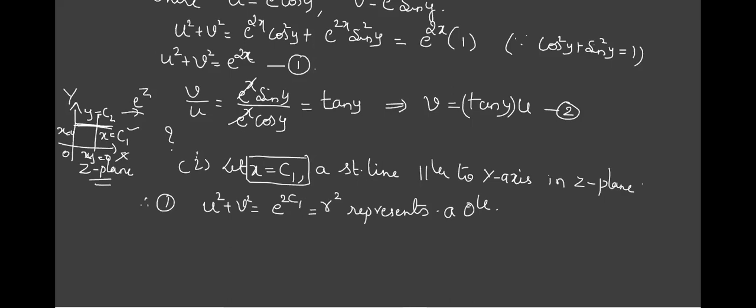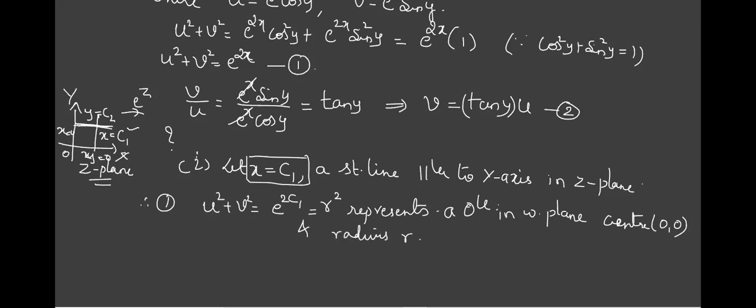It is the w plane, because I cannot say this is in the z plane; this is the equation in terms of u and v, and u and v means it is happening in the w plane. So this represents a circle in the w plane with center at the origin, am I right, and radius r.